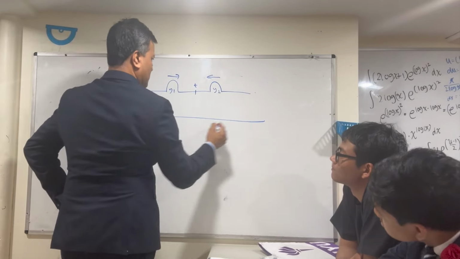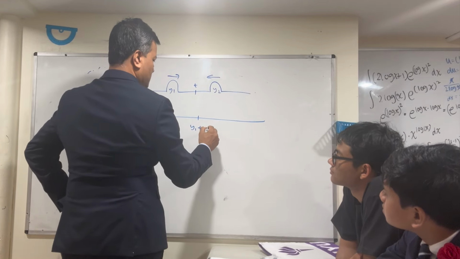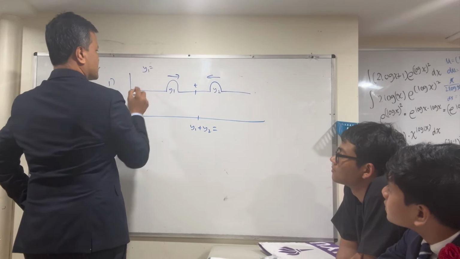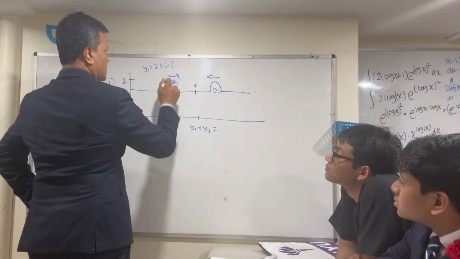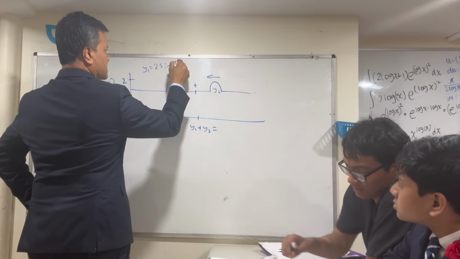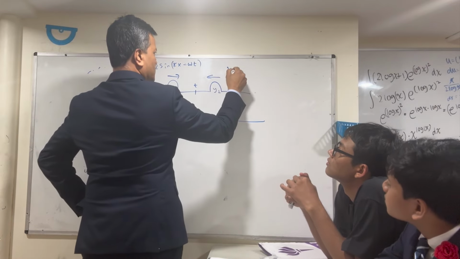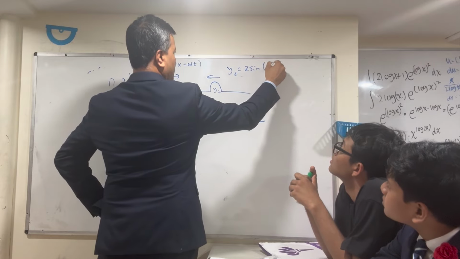You're going to write equation one: y1 plus y2 is equal to what? Y1 is 2 sine of kx minus omega t, and y2 is 2 sine of kx plus omega t.